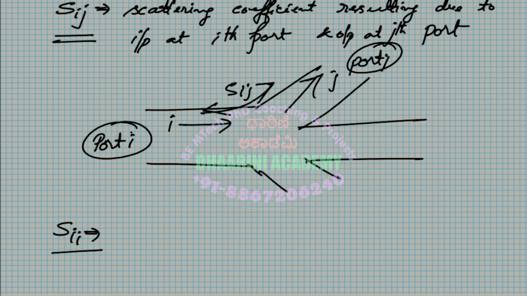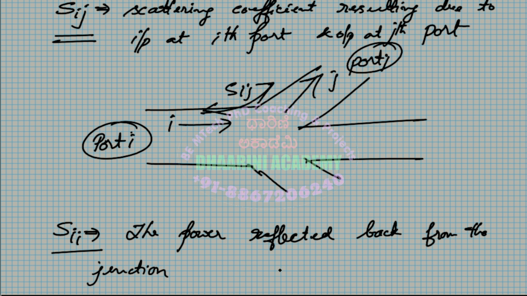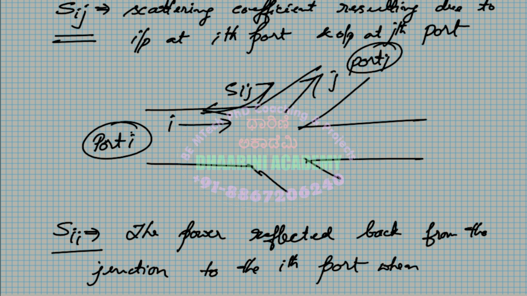So this denotes the power reflected back from the junction to the ith port when the input was given to the same port.